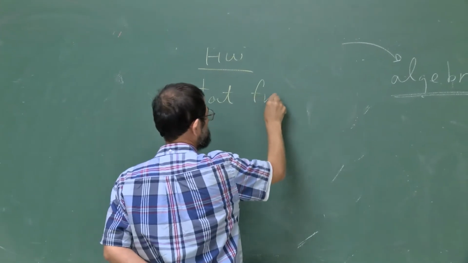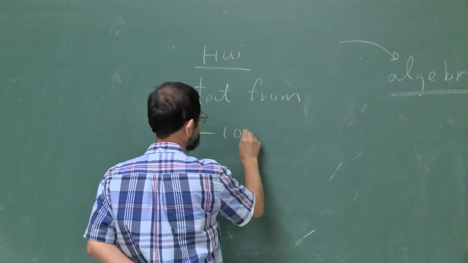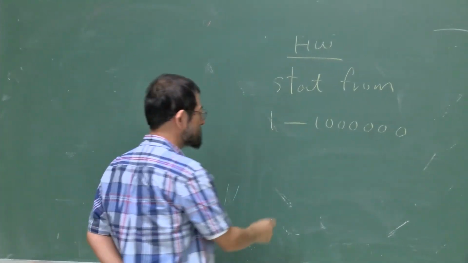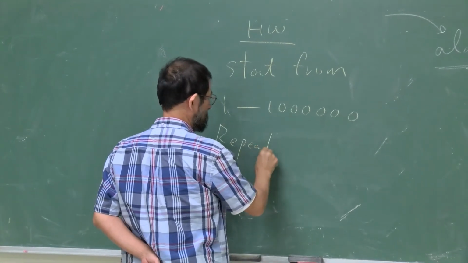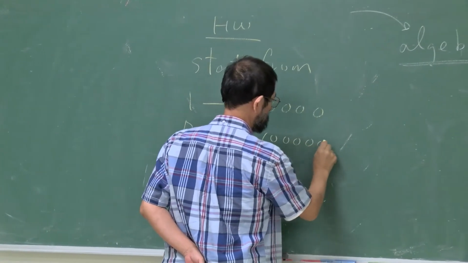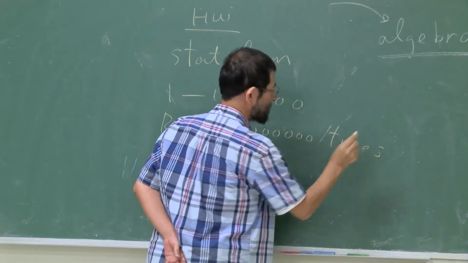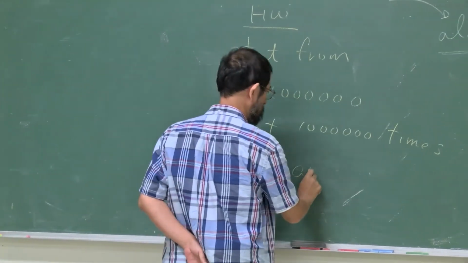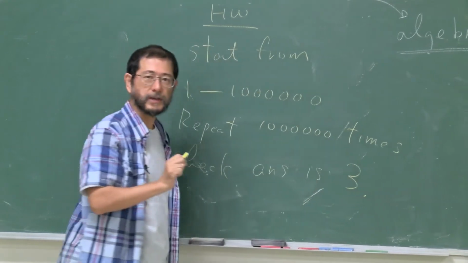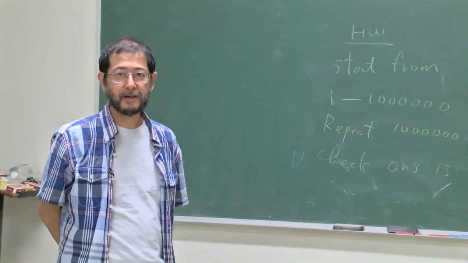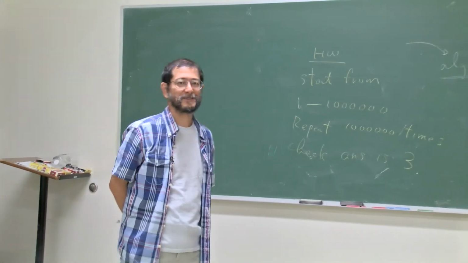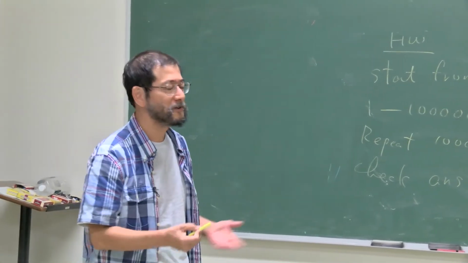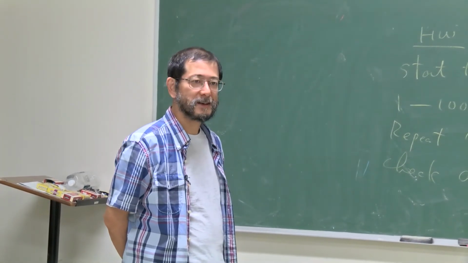You start from 1 through a million, and then repeat this process a million times and check the answer is always 3. Do you want to do that homework? Well, no, you don't want to do it. If you do this, you probably have to spend the rest of this semester. That's too much, right?